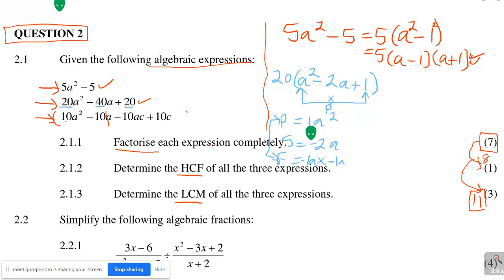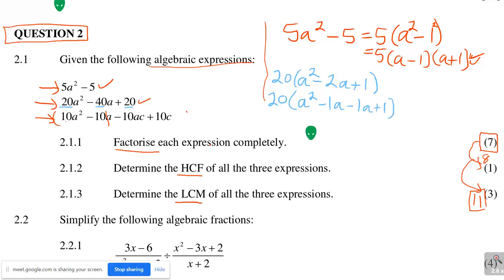So I can now erase this part and write this as 20a squared minus 1a minus 1a plus 1. Are you seeing that? Then I've got 20 that must go with me. Whenever you have more than 2 brackets, you take out the first a and put another bracket.